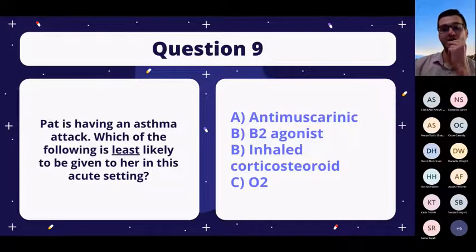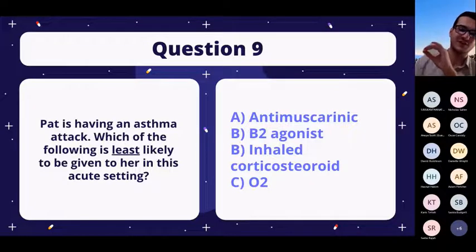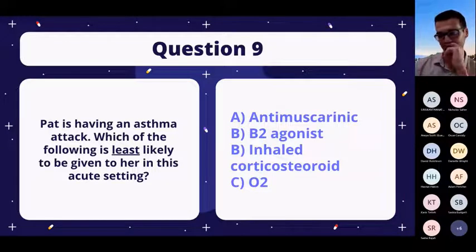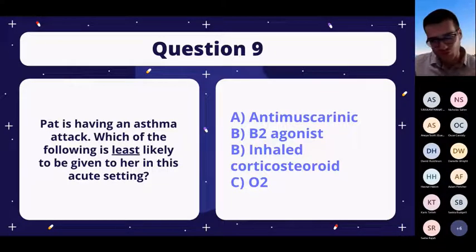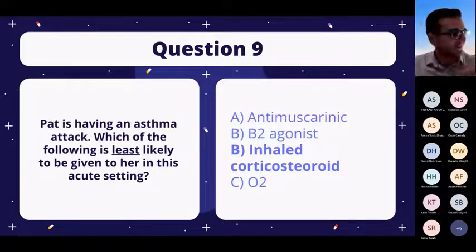Oh no. Okay, well, you know what I meant. Type the answer that you know that I meant. C for inhaled corticosteroids, D for oxygen. Sorry for the confusion. That's my fault. Okay. Apologies for the confusion, everyone.